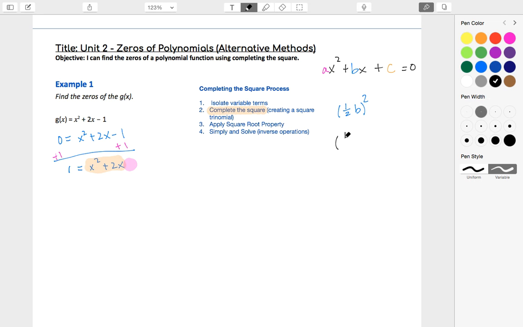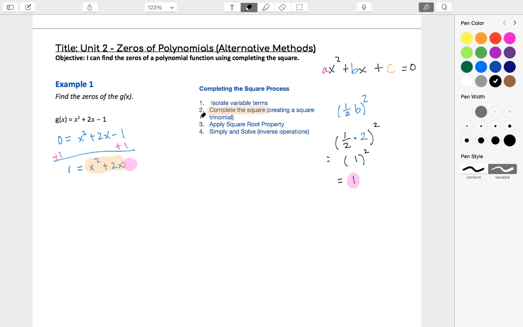So here we're going to do 1/2 times b. You can think of this as your scratch work, so 1/2 times 2 squared. Okay, so we simplify this. 1/2 times 2 is 1, and 1 squared is 1. So this number is the number that we're going to use to complete the square, in other words, to fill out this little bubble right here.